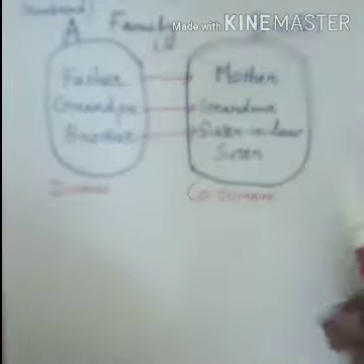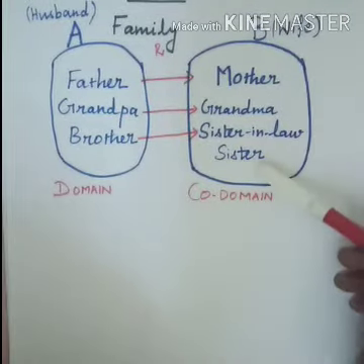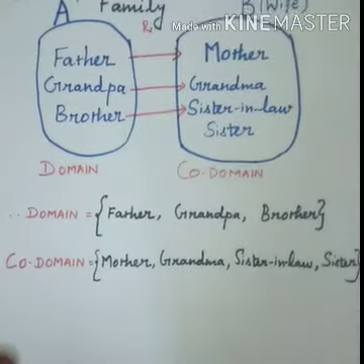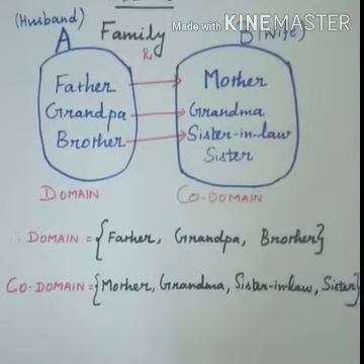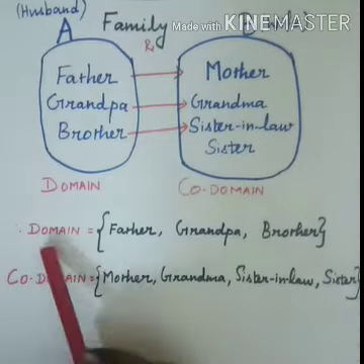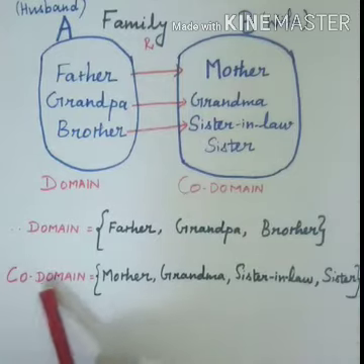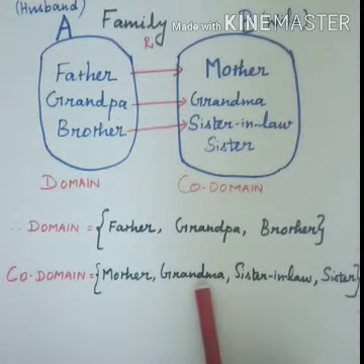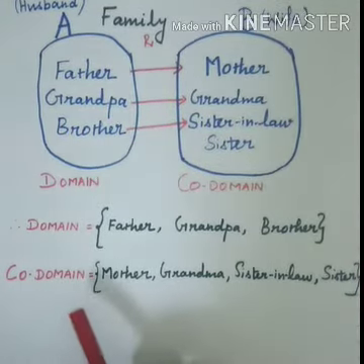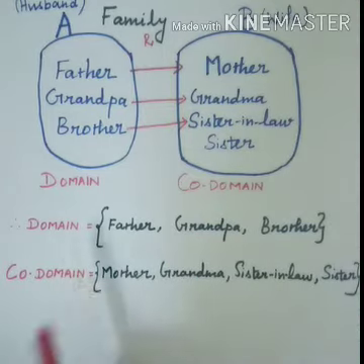The members of codomain are mother, grandma, sister-in-law, sister. So, domain is equal to father, grandpa and brother. Codomain is equal to mother, grandma, sister-in-law and sister. Now, I hope you all understand how to identify the members of domain and the members of codomain.